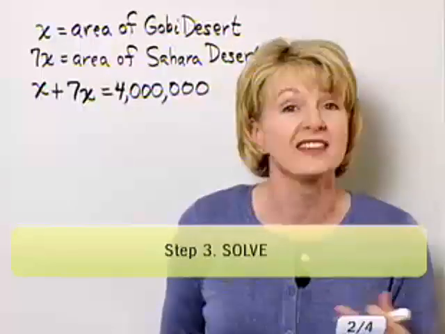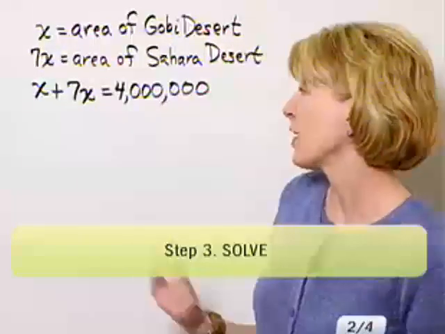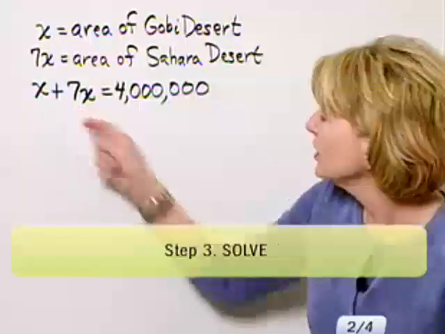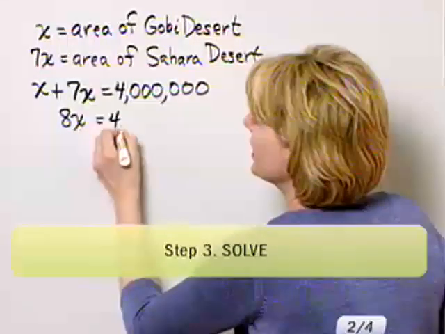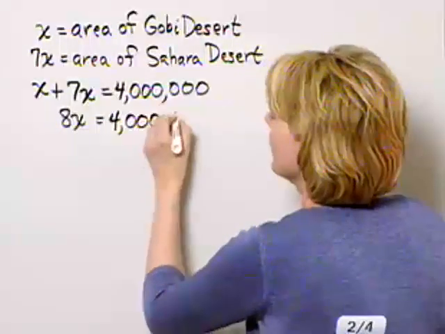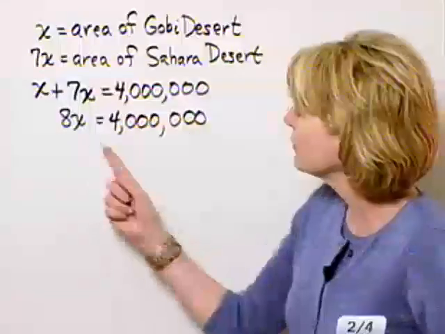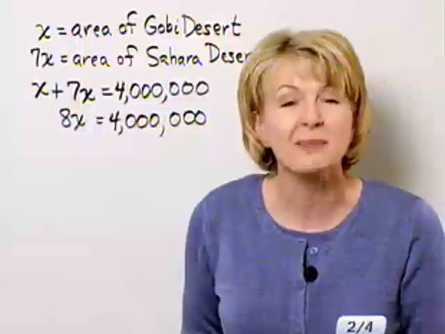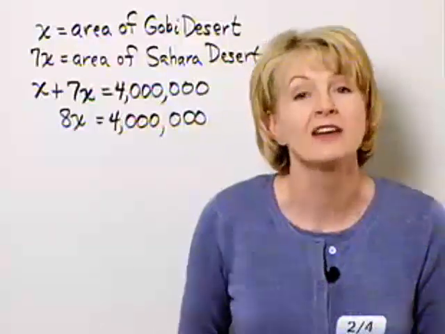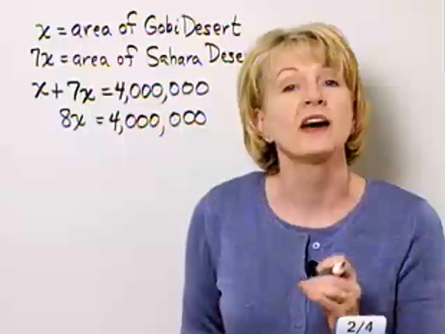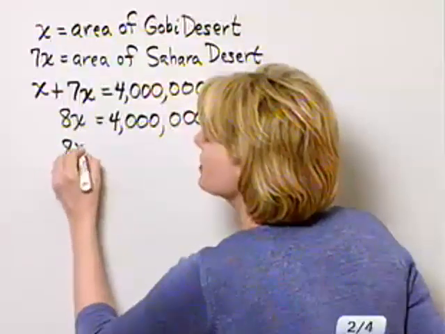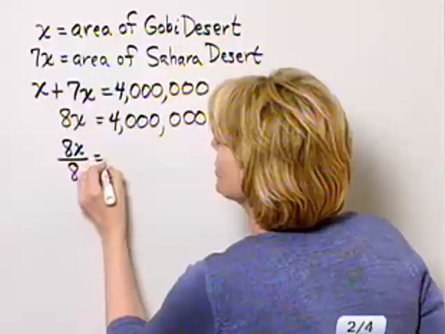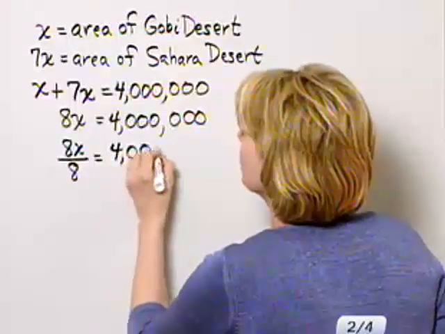Now, step 3, let's solve this equation. How do we solve this equation? Well, on the left side, we have a few like terms that we can combine, and then we will finish solving for X. We'll get X by itself on one side of the equation by doing what? We'll divide both sides of the equation by the coefficient of X, which is 8.